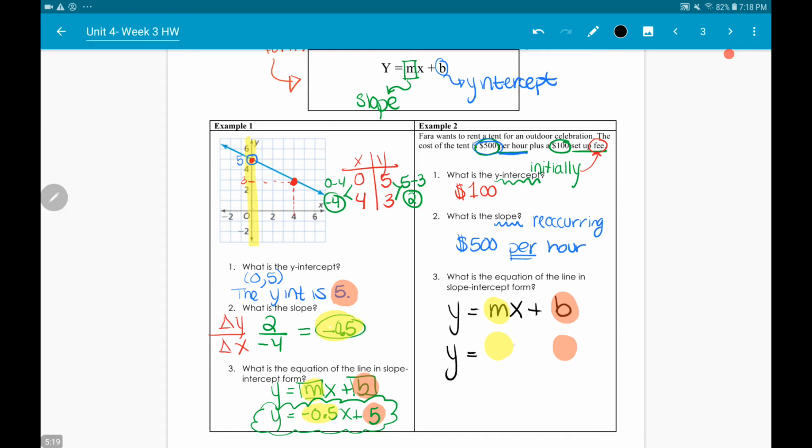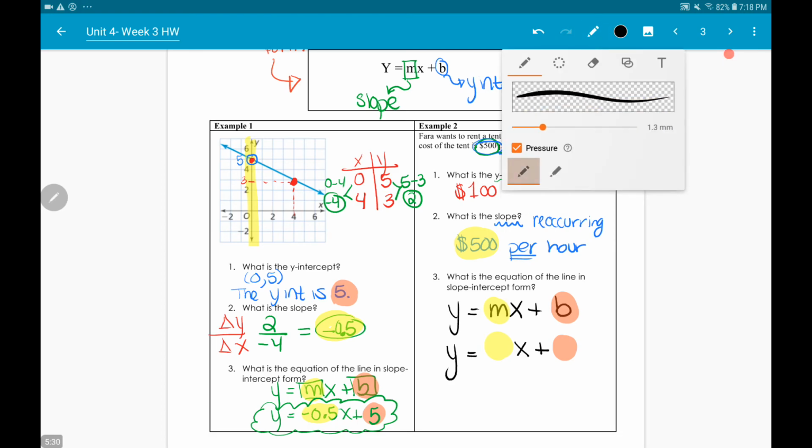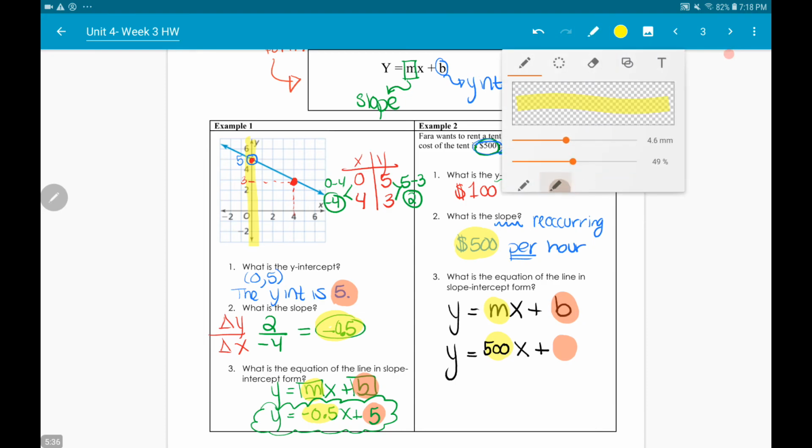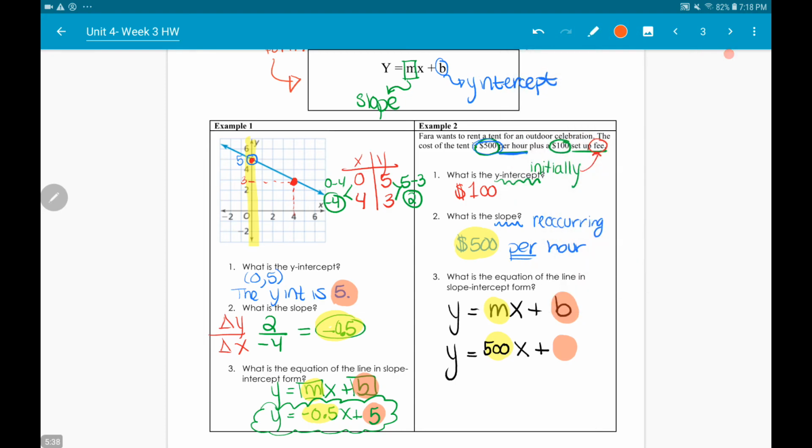So y equals, I'm going to put an x here and a plus here, and I'm just going to go back and find what is my y-intercept and what is my slope. So my slope was 500, so that's going to go where the m was. And my b is my y-intercept, and that is 100, so that's going to go where my b is. And that's my equation.